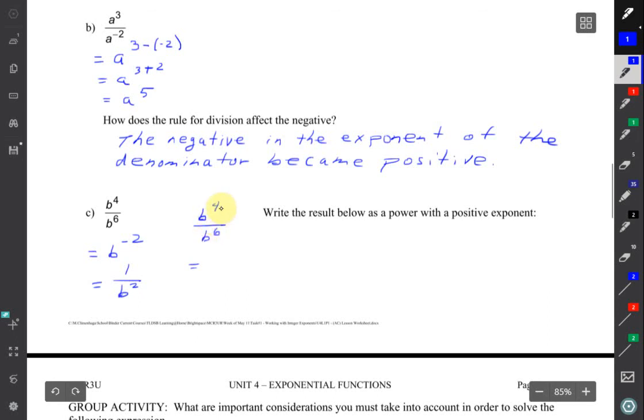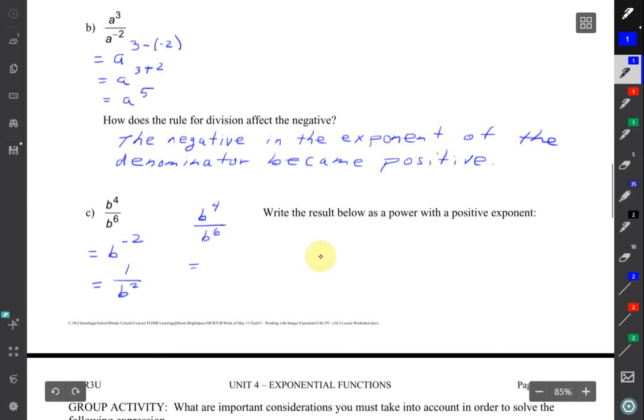That would leave a 1 in the numerator, and that would leave a b squared in the denominator. And that's pretty natural for us to think of canceling or dividing b to the 4 in the numerator and b to the 4 in the denominator, or canceling 4 of them down here. That would be 1 over b squared.